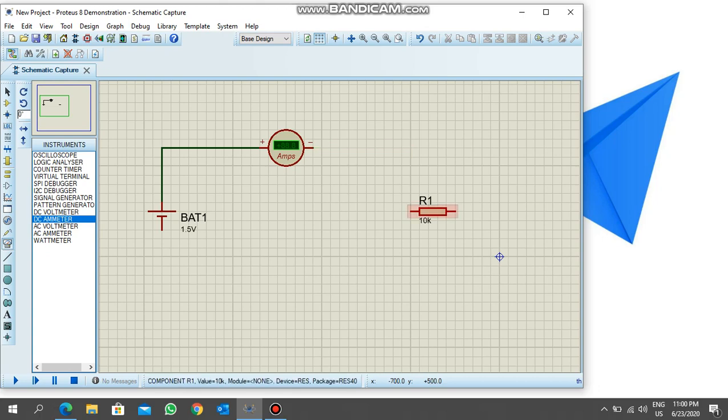Here we can rotate it. We'll combine the wires.